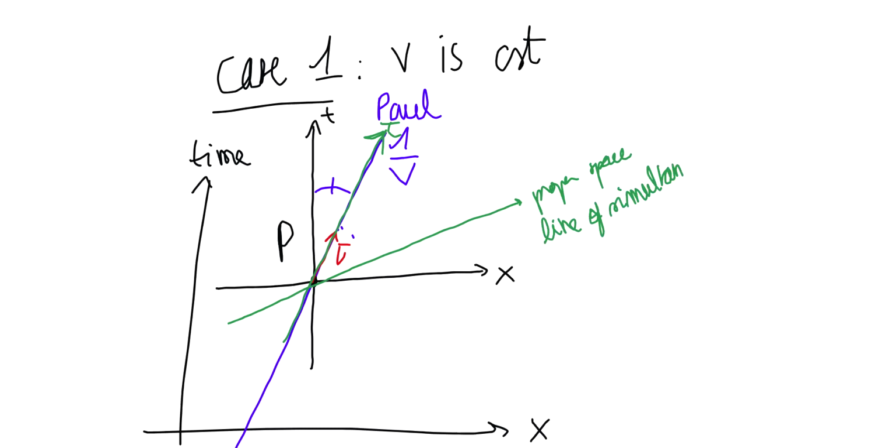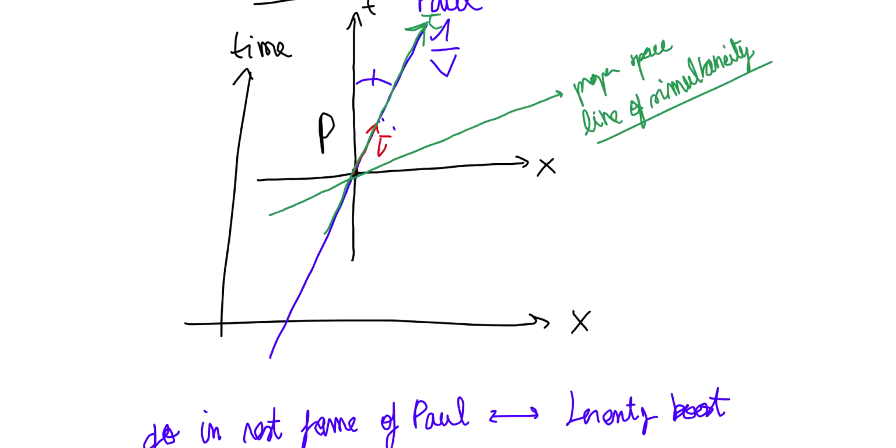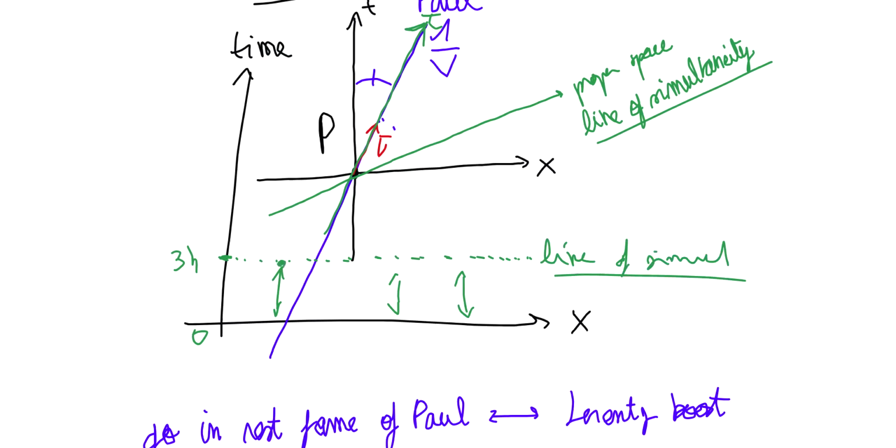We call it the line of simultaneity because, if this is 3 hours from 0, then for everyone in space on this line, 3 hours have passed. Everyone in space will measure 3 hours here, 3 hours here, 3 hours here.